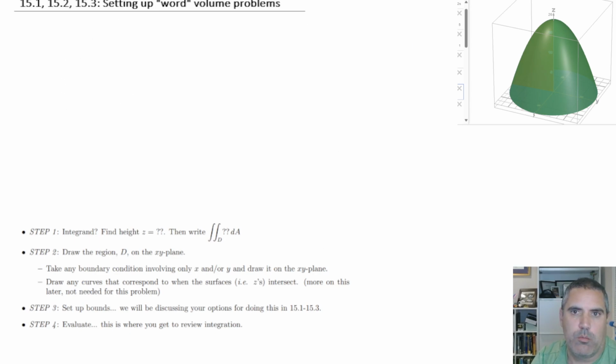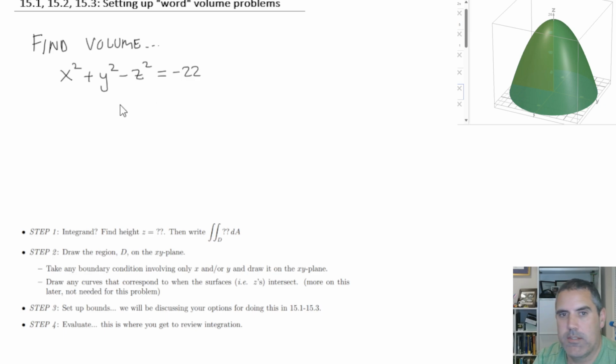So there's one question in the homework that says, find the volume between, and let me think of what it says, x squared plus y squared minus z squared equals negative 22. It's a hyperboloid of two sheets. And what's the other one? z equals 5.